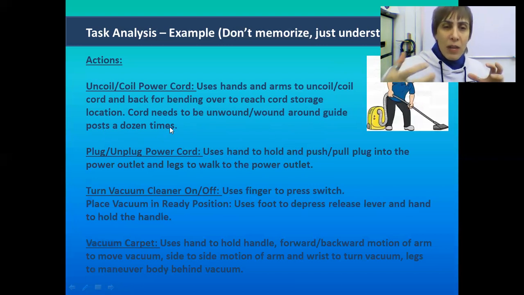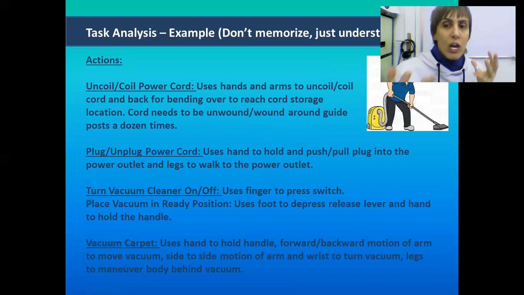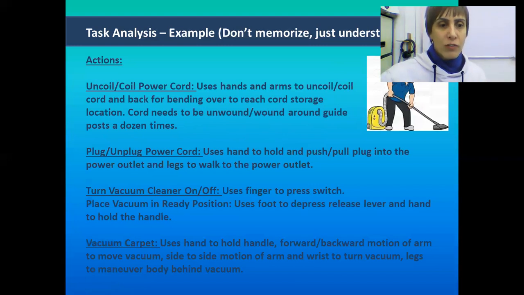Okay, so if you read this, you get the whole action. You understand the action, what's going on. So exactly how do you use your hands to do this task? Which parts? What do you do? What kind of movements? Okay, so you explain the action of the situation.